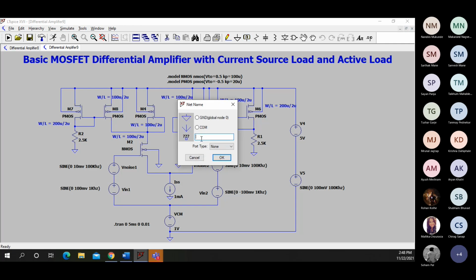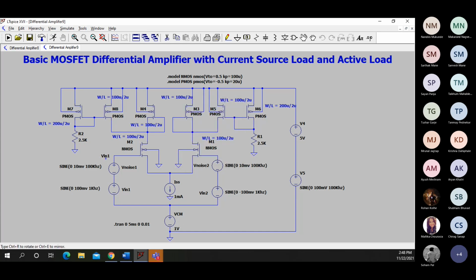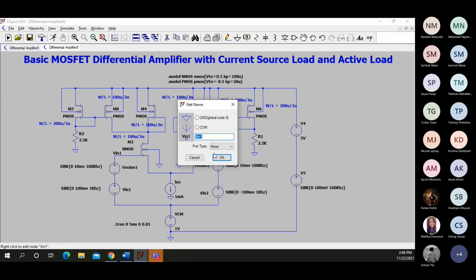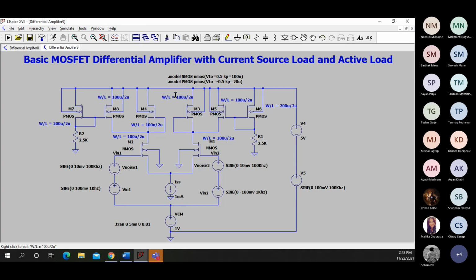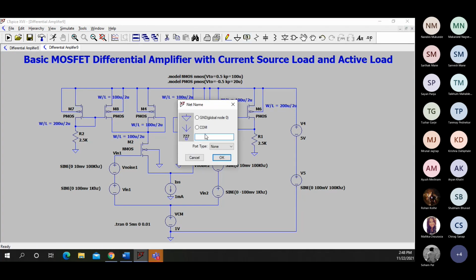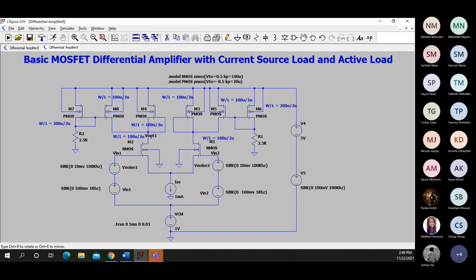So here V in 1, this is V in 2. And here we have V out 1, and this is V out 2.